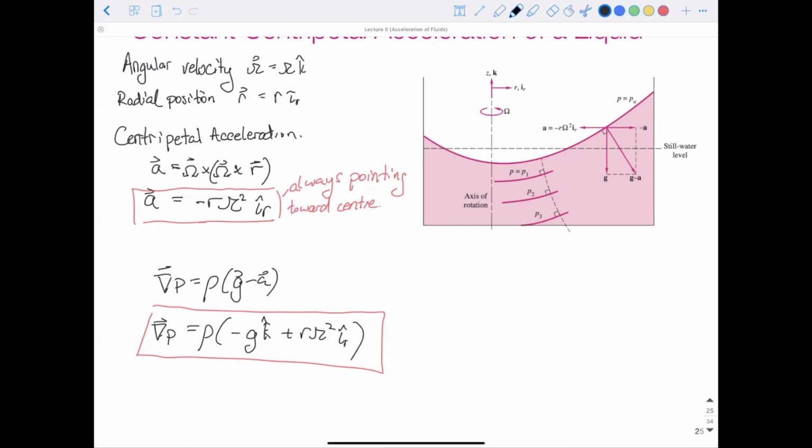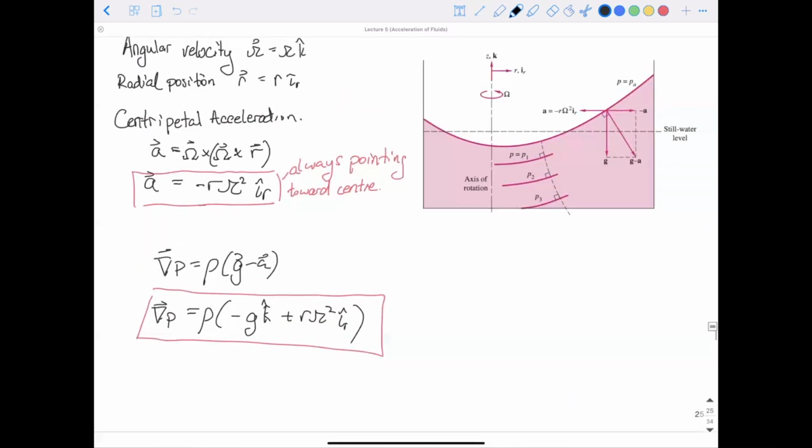So this would be our definition of our pressure gradient in vector form for our rotating fluid.